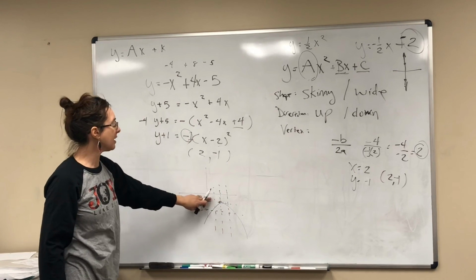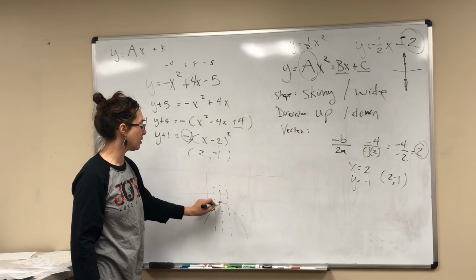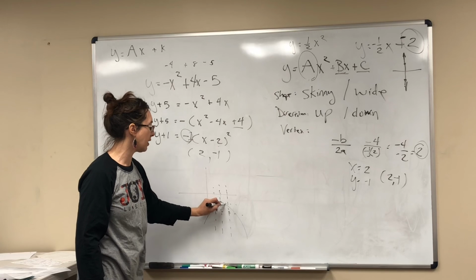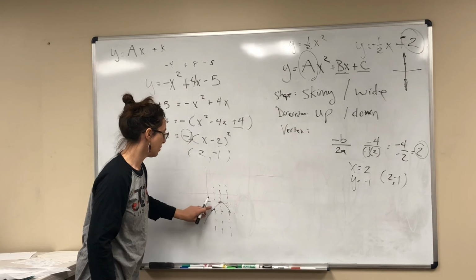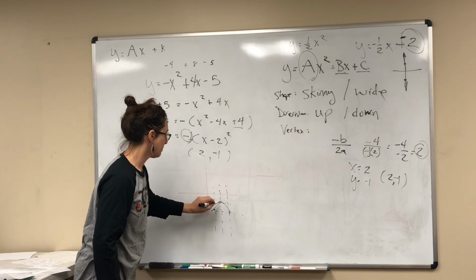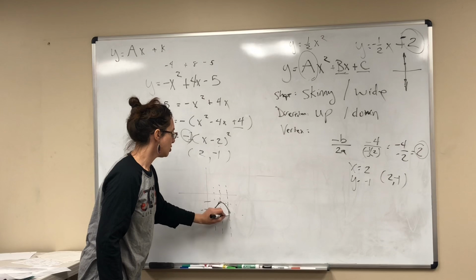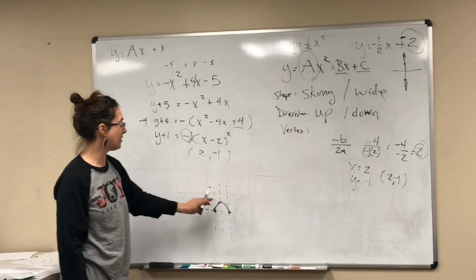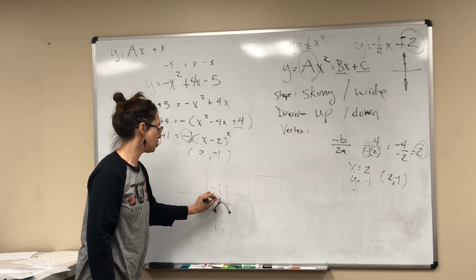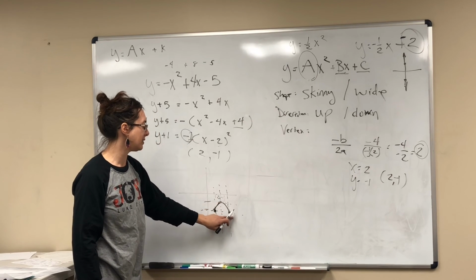Because it is standard, we know that the very first point goes through the next square, right? So I could tell you that 2 points on the line, if this one is 2, negative 1, I'm going to go over 1 and down 1.